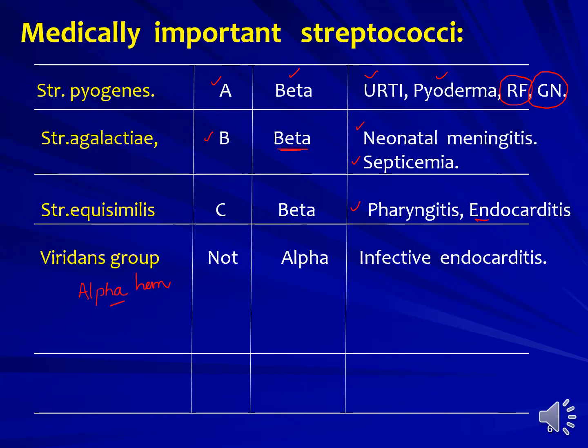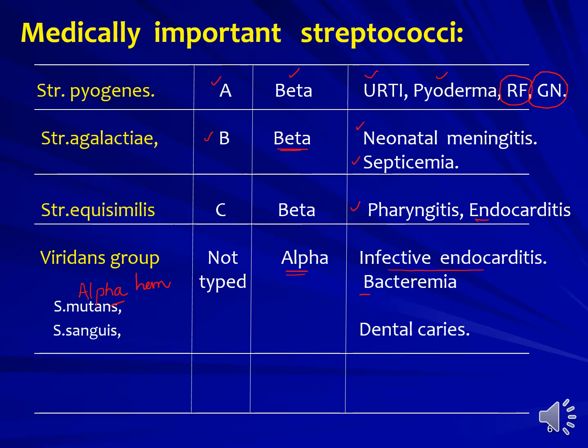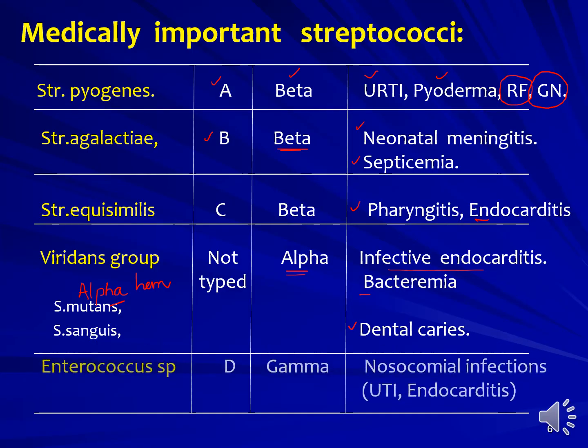These are not classified under this beta hemolytic property, and usually they produce alpha hemolysis and are commonly associated with infective endocarditis among people who have comorbidities or people who are on prosthetic heart devices. The best examples for this are Streptococcus mutans and Streptococcus sanguineus, which are associated with dental caries.